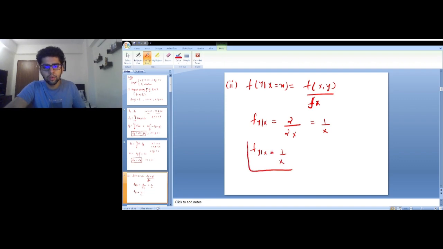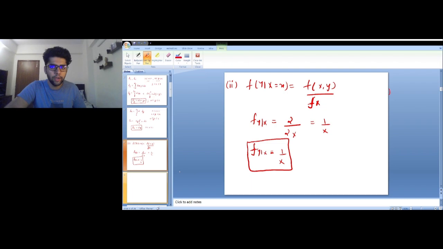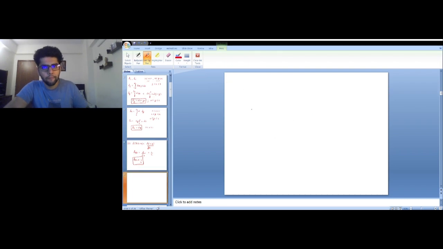I'm just using the formula of conditional probability. So this is actually equal to x is equal to x intersection y is equal to y divided by f of x, which is equal to f(x, y) divided by f of x. So this is our f of y conditional x. Now we also need to find our f of x conditional y.